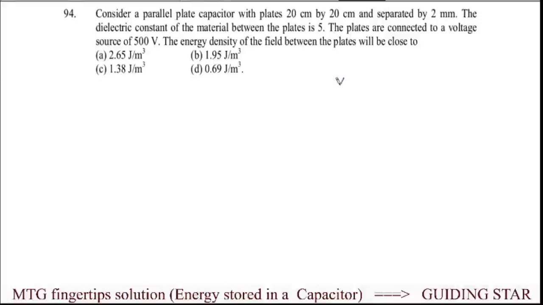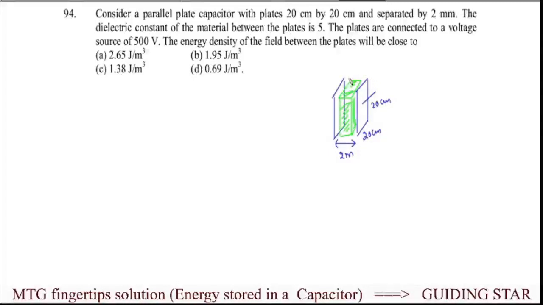Suppose these are two parallel plates, whose sides are 20 by 20, that means these are square plates, separated by 2 mm distance. Inside the given plates, suppose there is a dielectric material present in between the plates.